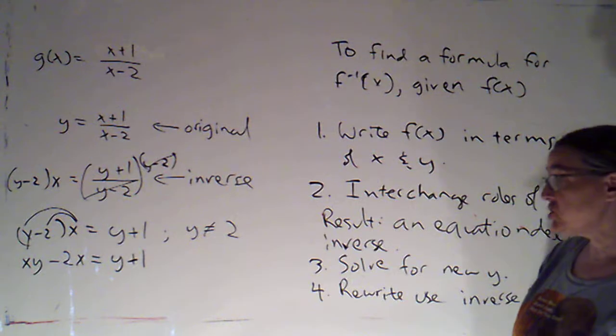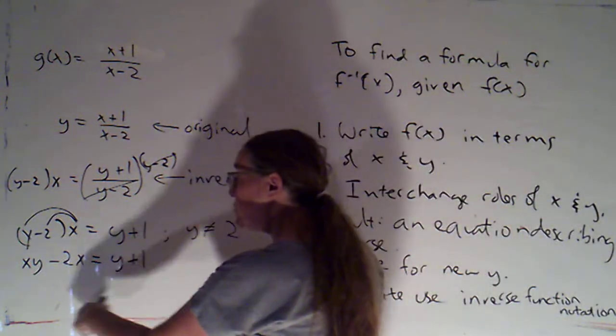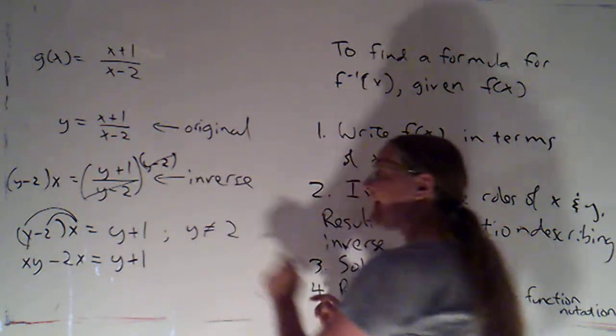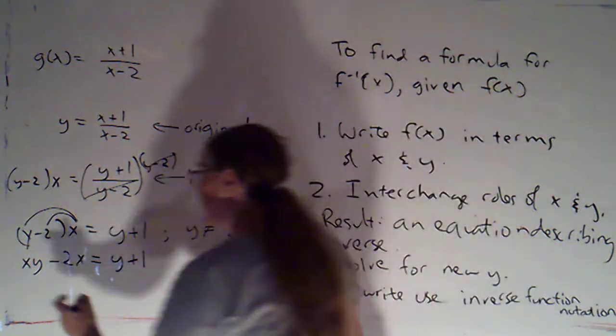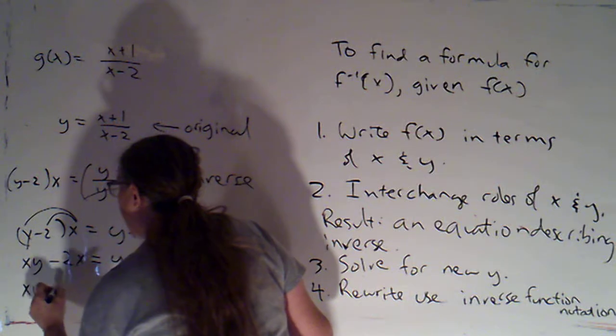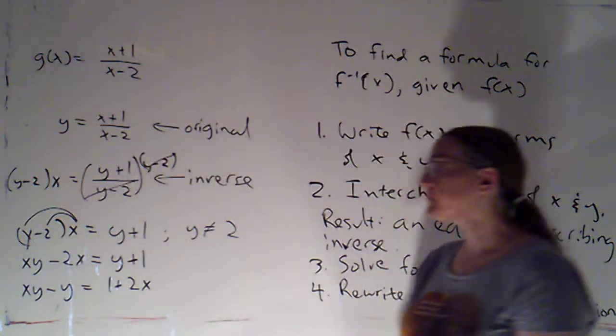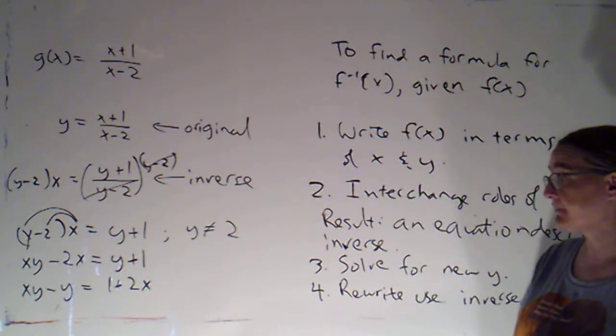Now what I can do is move things over. I'm going to move this y over to this side, and I'm going to add the 2x over to the right side. So I'll have xy minus y is equal to 1 plus 2x.